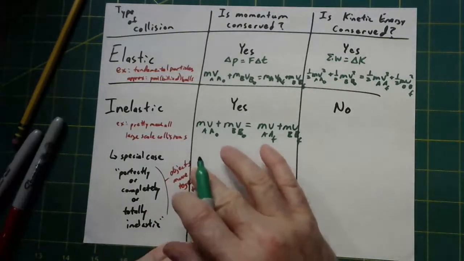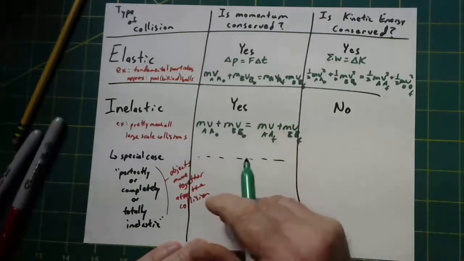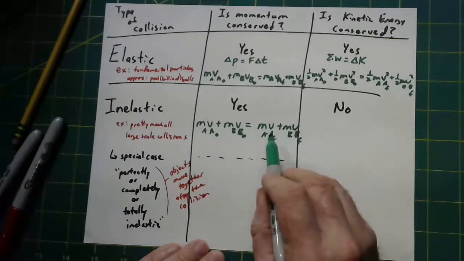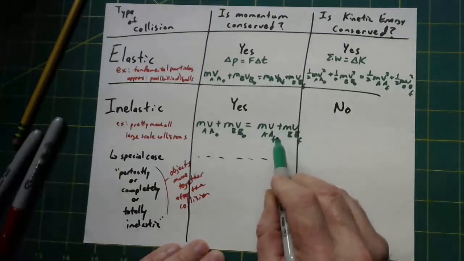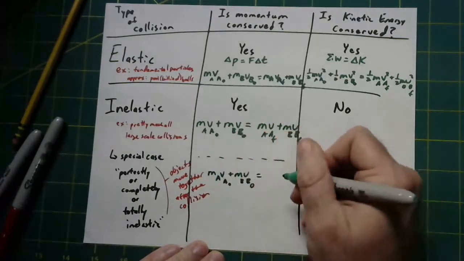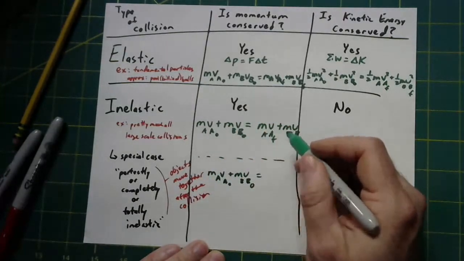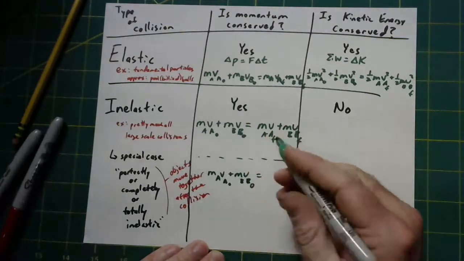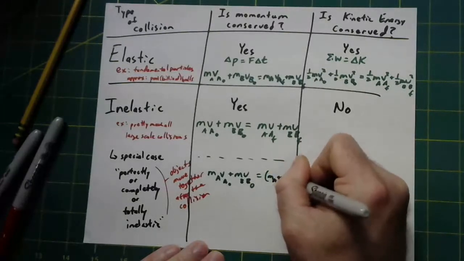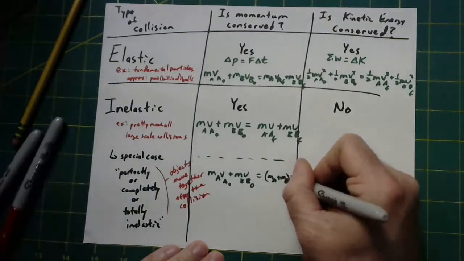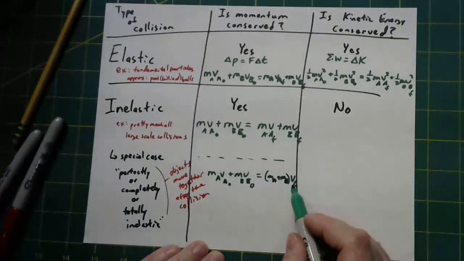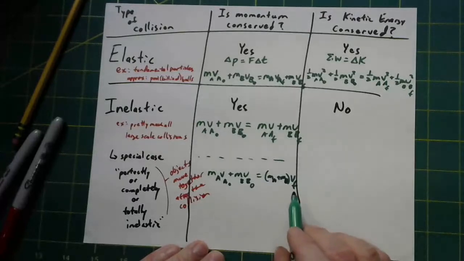Now, why this type is cool is because when we write the equation, because they move together after the collision, these two final velocities are the same. So afterwards, those two v's are the same, we could factor them out, and I could write it as ma plus mb times that common final velocity. That says ma plus mb times v final. Gosh, that's really sloppy, but that's the way we can write it.